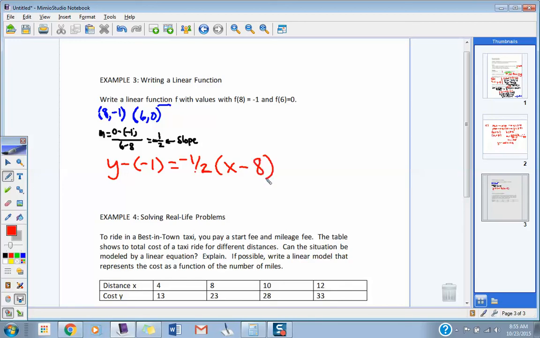Okay, on the left side, this is y plus 1. This will equal negative 1/2 x plus 4 when you distribute. Tell me what this is going to look like finally in slope-intercept form, kiddos.